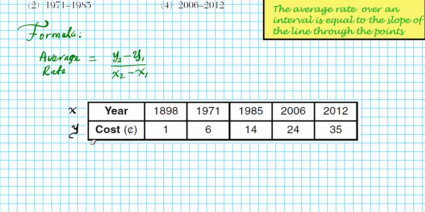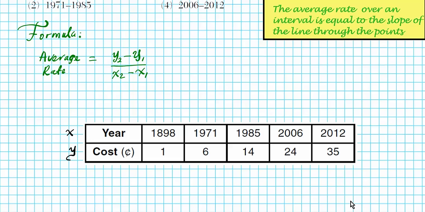Okay, so these are my x's and these are my y's. All right, over the intervals, I will be computing the change in y over the change in x. Okay, so I'm going to be giving a visual as to what my y2 minus y1 and x2 minus x1 are. So up here, I'll be doing my change in x's, and down here, I'll be doing my change in y's, okay?